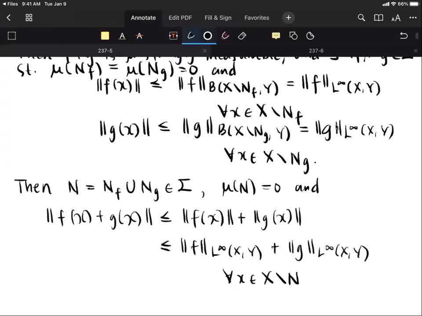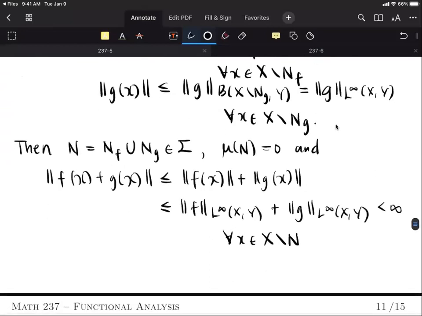Since f and g are both in L infinity, these are finite. So this means that f plus g is essentially bounded. Thus, f plus g is also in L infinity.